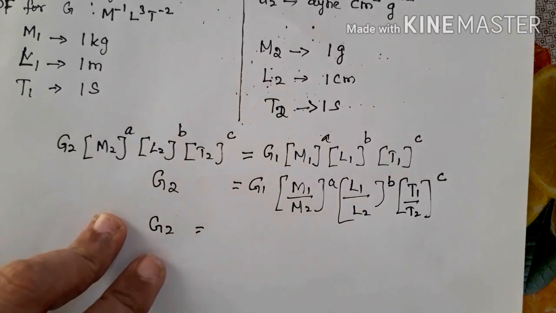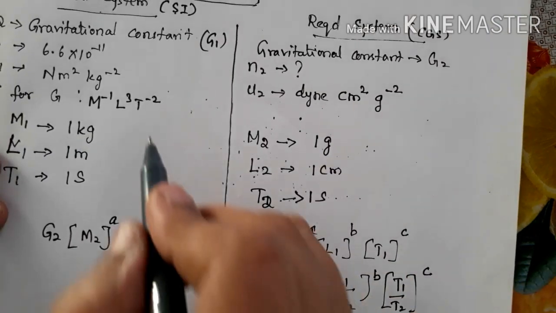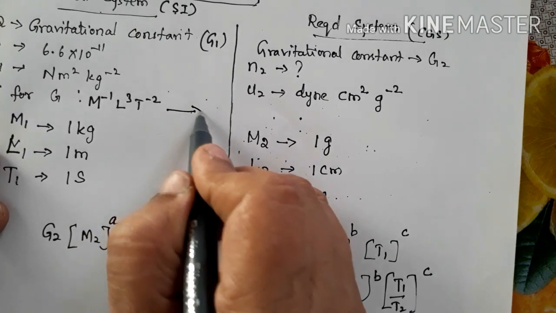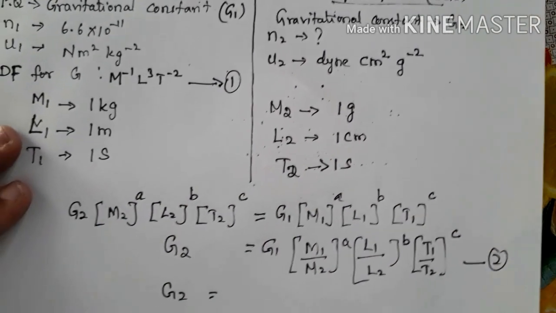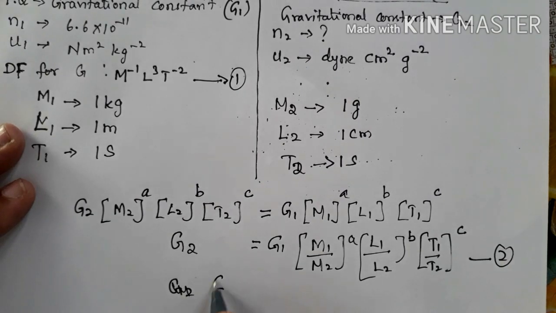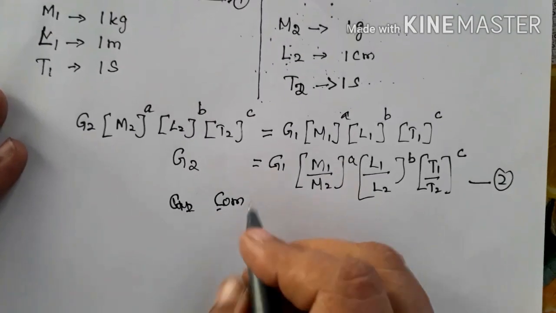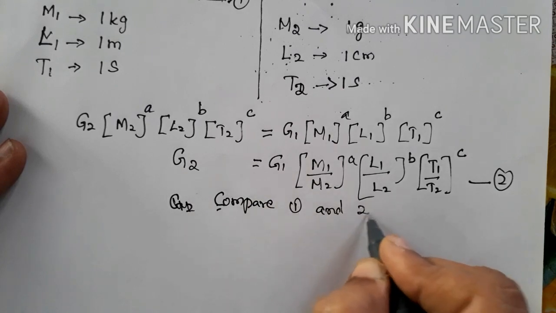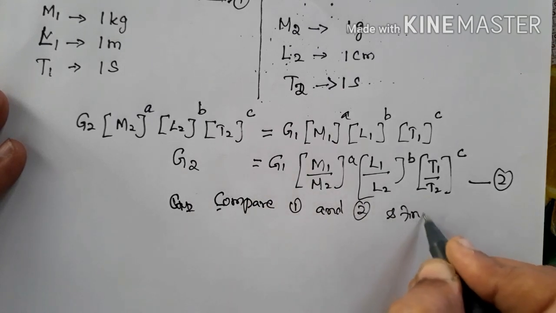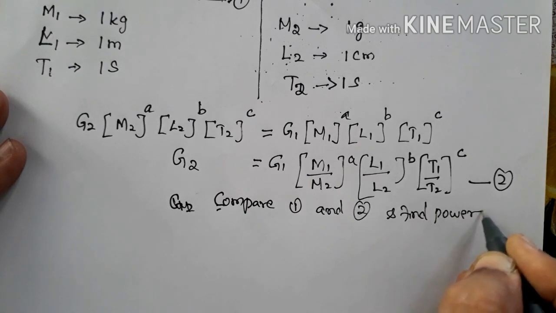Shall we substitute the values, children? Let this be equation 1, and I will name this equation 2. Now before this, what you can do is compare 1 and 2 and find the powers.